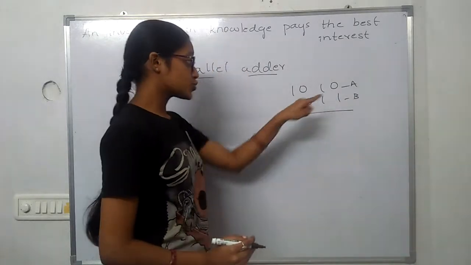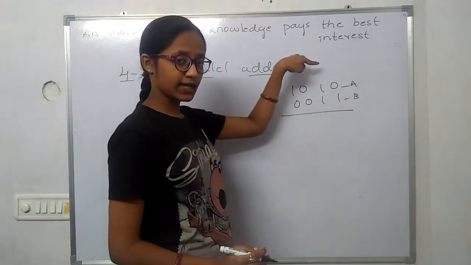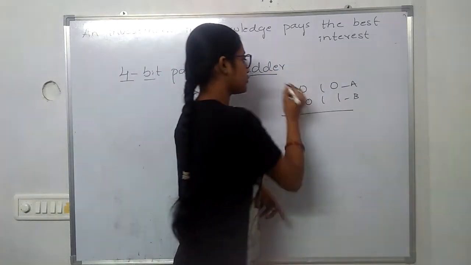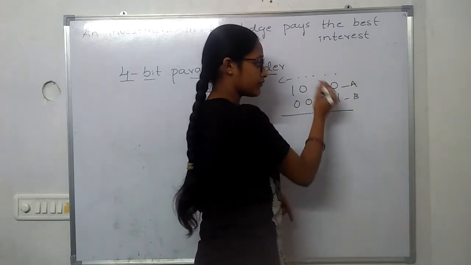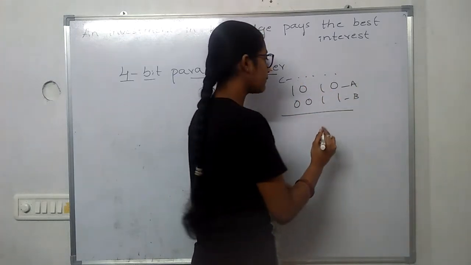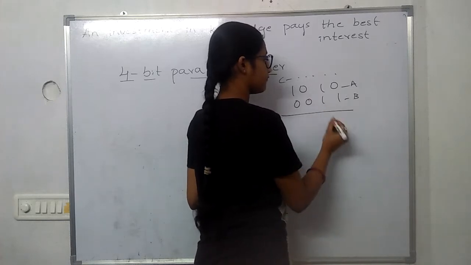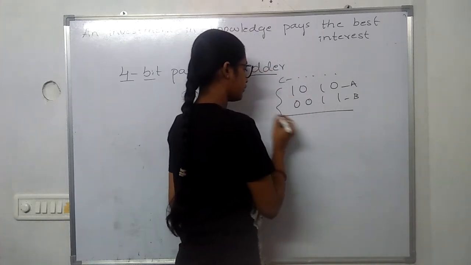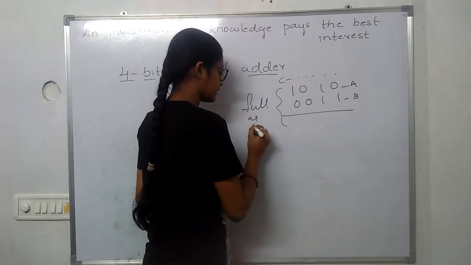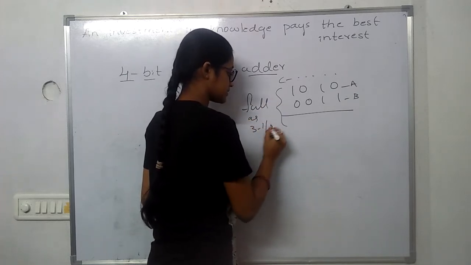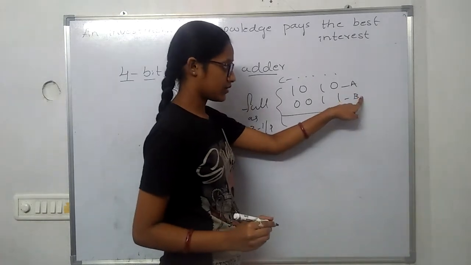So to add this carry, we have to use the carry bits generated by every lower significant bit. So we have to take a full adder, as it is adding 3 inputs.